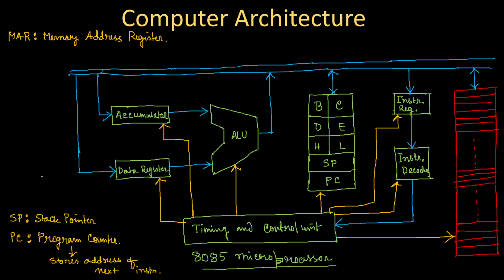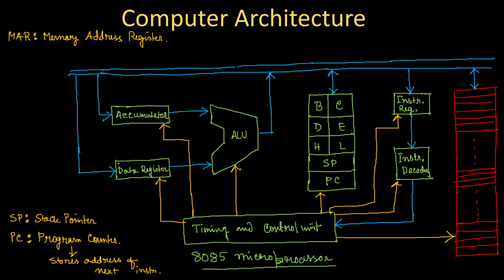From the program counter, the address is placed in this memory address register, which is directly connected with the common address line. Sorry, it is the common data line that I have shown. I have not shown the address line because the diagram would become a little complex. Just assume that we have some address line over there which is connected with the memory address register.